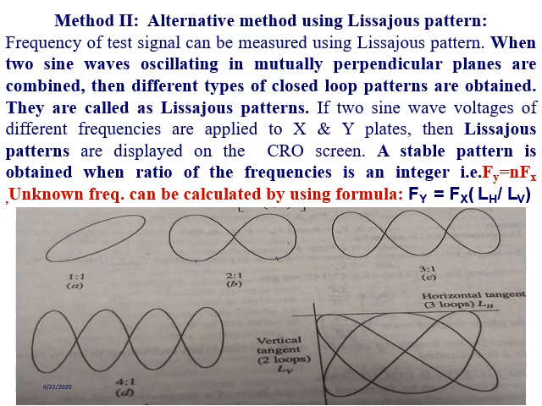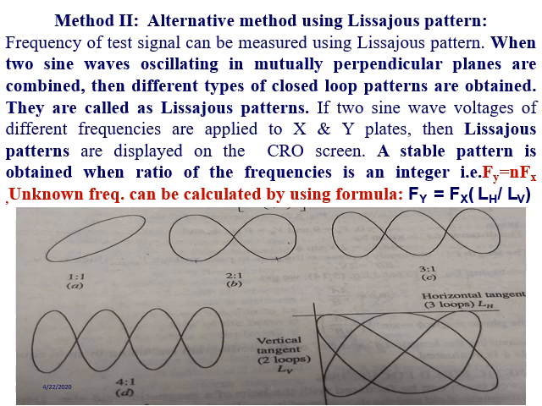LH is the number of points in contact with the horizontal tangent, and LV is the number of points in contact with the vertical tangent. After getting the closed loop pattern, we have to draw the tangents on these closed loops and measure the number of points in contact with the horizontal as well as vertical tangents.